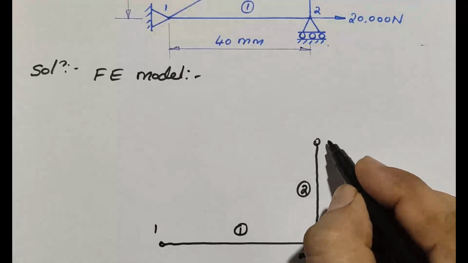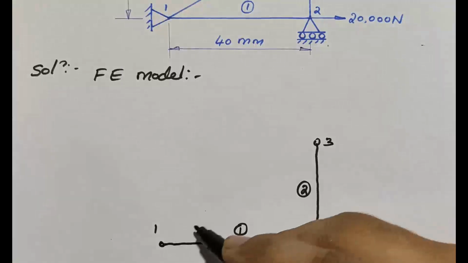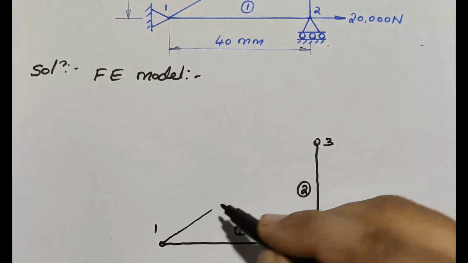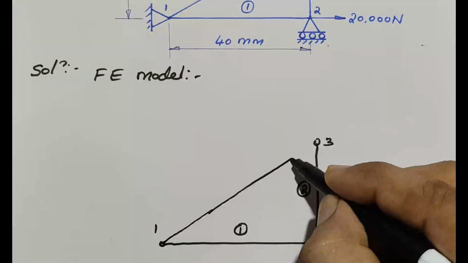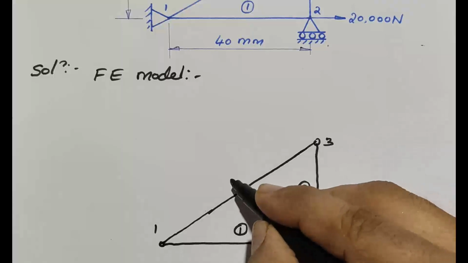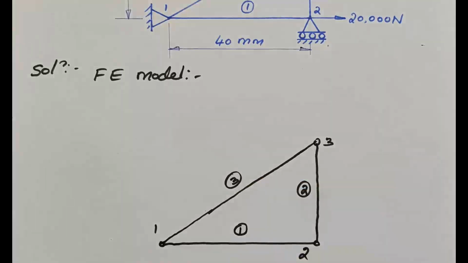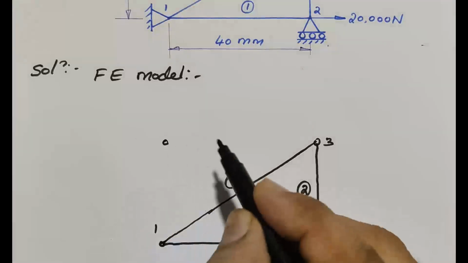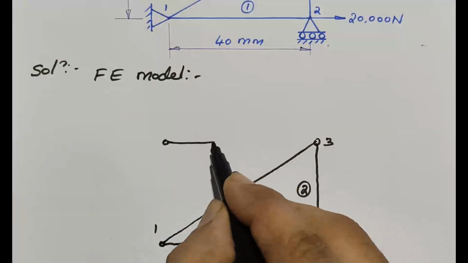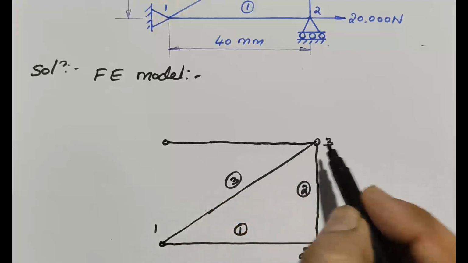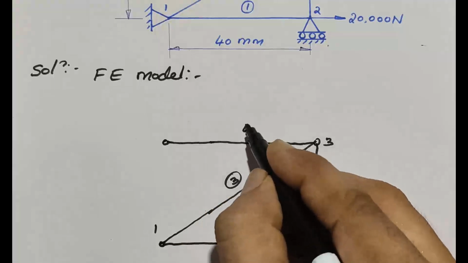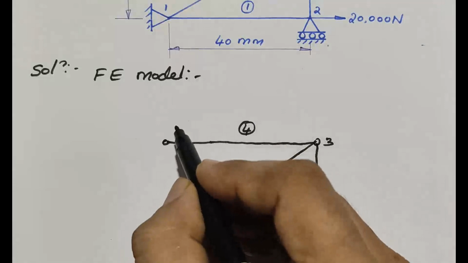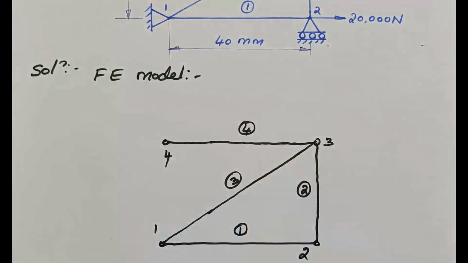Here node numbering is given 3, and this is element number 3. It connects node number 1 to 3. Next, this is element number 4. This is node numbering 4.